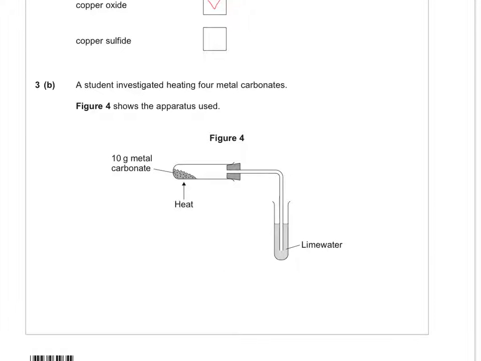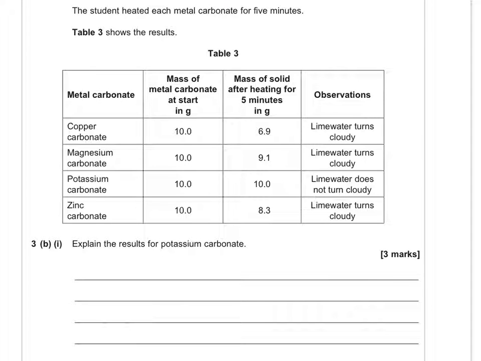Question 3B. A student investigated heating 4 metal carbonates. Figure 4 shows the apparatus used. 10 grams of metal carbonate heated in a boiling tube, and then we've got a bung and a delivery tube, and then into some lime water. The student heated each metal carbonate for 5 minutes. Table 3 shows the results.